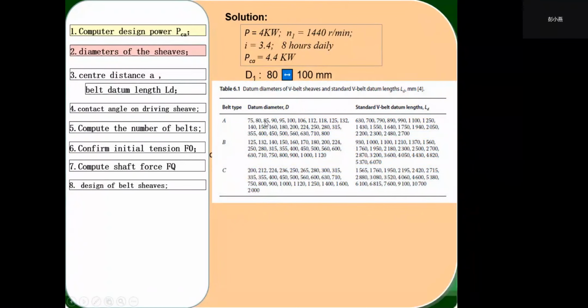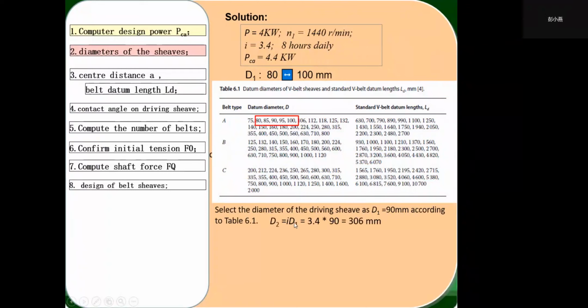So we can choose 85, 90, or 95 as the driving pulley diameter D1. Any question? In this case, we select D1 is 90 millimeter, according to the table, we choose the standard value, okay?